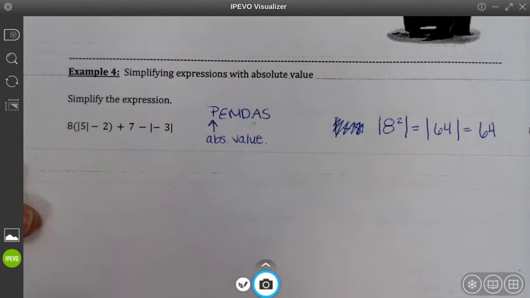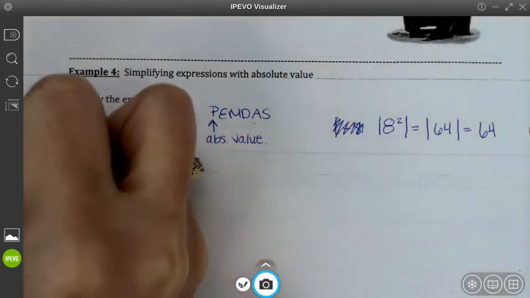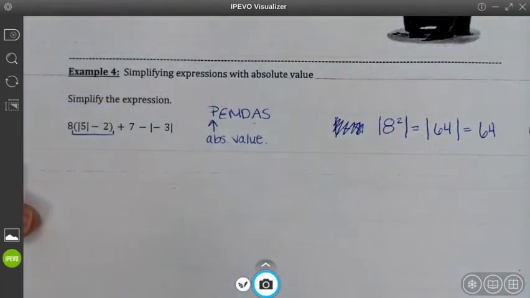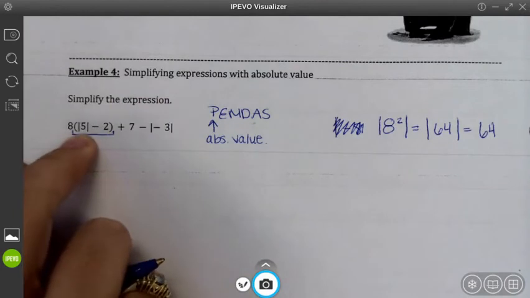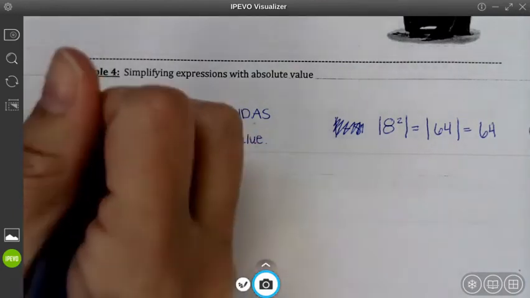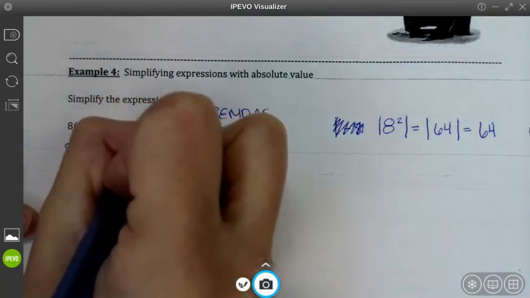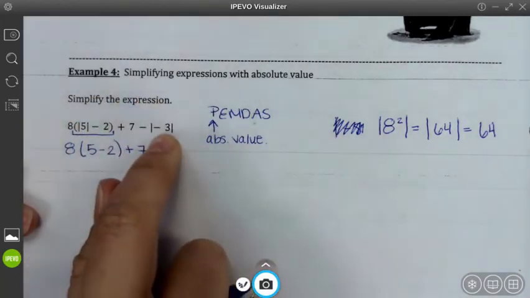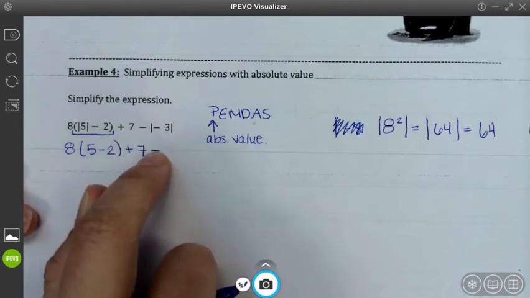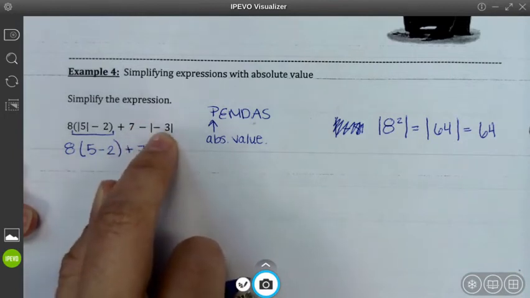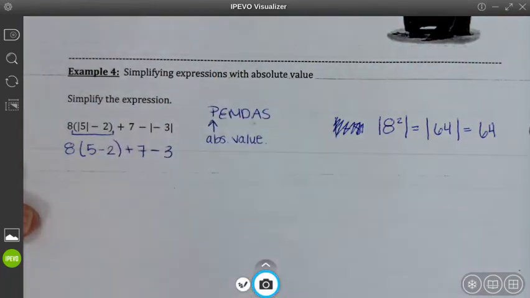So let's go ahead and get started on simplifying this expression. I'm going to look at the parentheses here. I see that I have an absolute value on the inside. So I'm going to rewrite the absolute value of 5. The distance 5 is from 0 is 5 units. And then I also have an absolute value of -3. Now this minus sign on the outside just gets dropped directly down. We don't do anything with that. And the distance -3 is from 0 is 3 units.